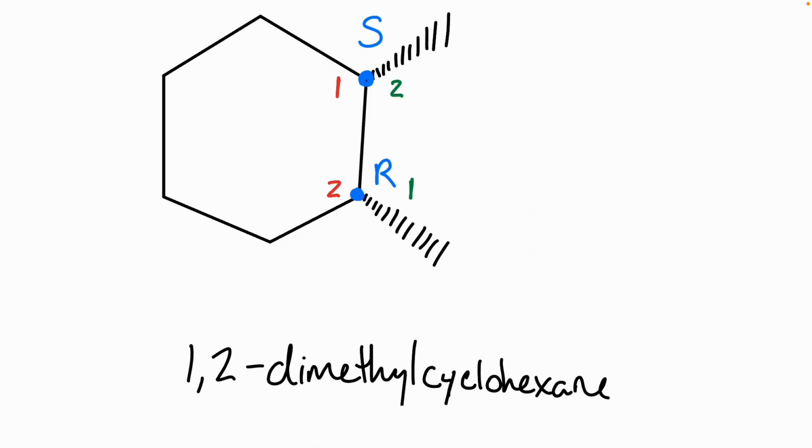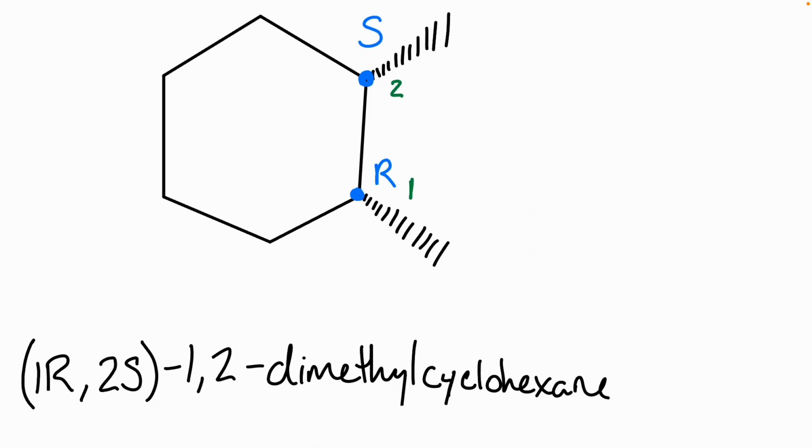So we're going to give carbon 1 the R and carbon 2 the S. So when I build this into my name, I'm going to go in parentheses 1R, comma 2S, and then the rest of the name. Since I have two stereocenters, I have to number each of them.